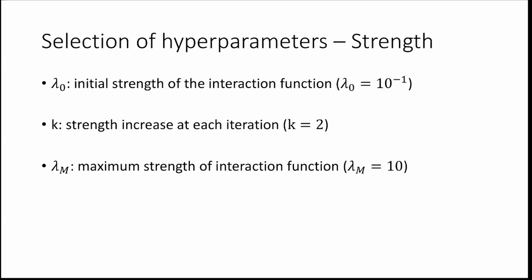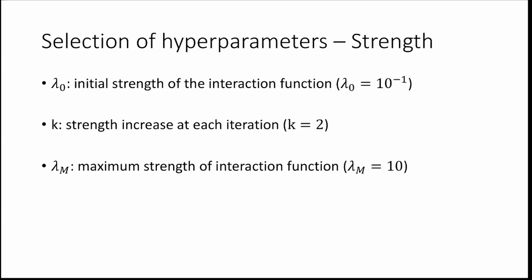We pick the values that you can see, and we tested some other values, and basically the output doesn't change too much, because if the initial strength is too low, it will take more time to obtain the solution. If the maximum strength is too high, it will take more iterations before finding that all the possible solutions are just 2 or 3, depending on the problem.